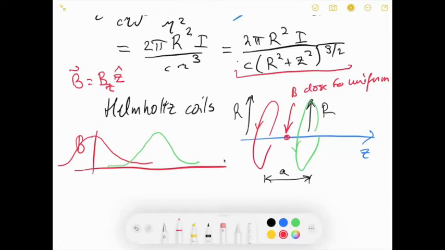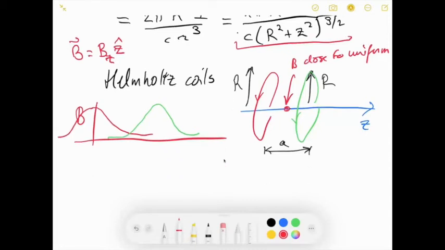So what do I mean by uniform? Well, if you find the net field, then if you let the fields overlap, it's not going to be very uniform because it's already tapering off and it's tapering off here. So the net field will actually have a dip in the middle. If you put them too close, then it's also not going to work.